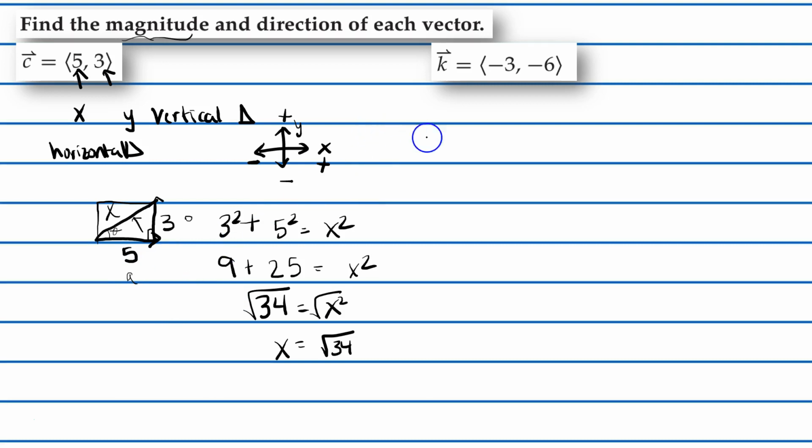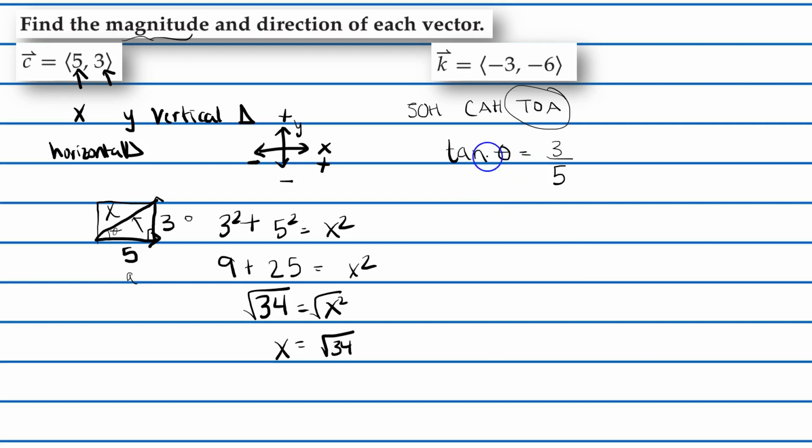So remember, we have SOH CAH TOA. We have opposite and adjacent, which means we need to use tangent. So tangent of theta is equal to the opposite, which is 3, over the adjacent, which is 5.